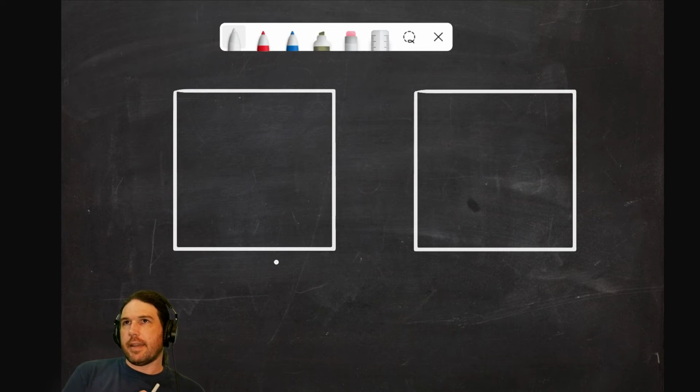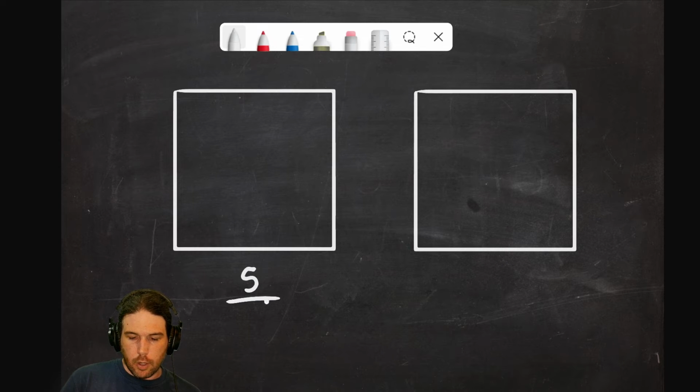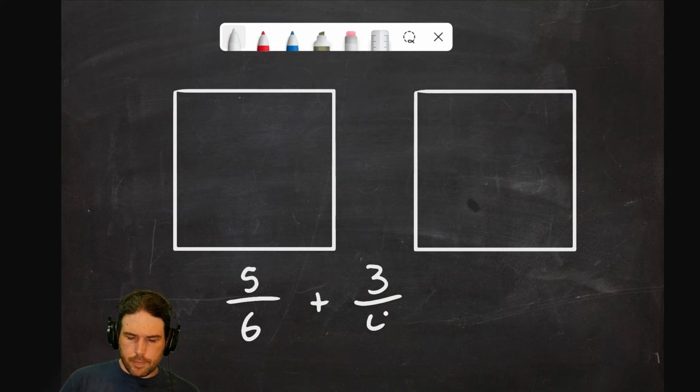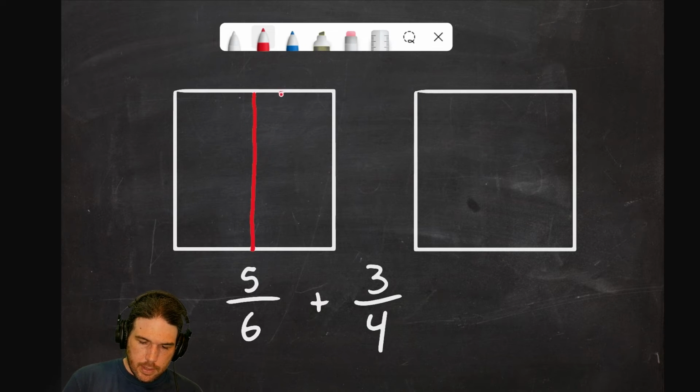Let's say 5 over 6 plus, let's go with 3/4. 5 over 6 plus 3 over 4. So same deal. I'm going to go 1, and then cut each one into thirds, so that'll be 6.